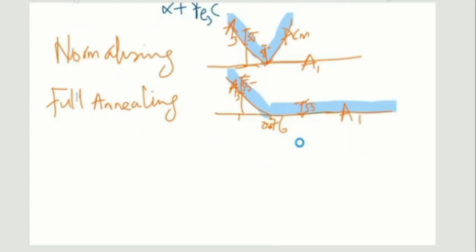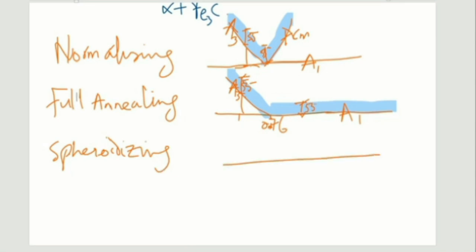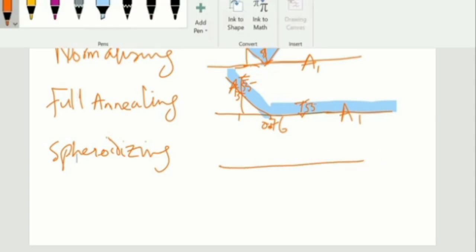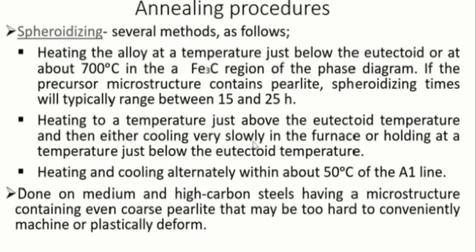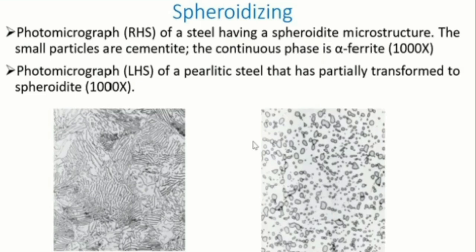And then lastly, we look at spherodizing. Here is heating within the A1 line. So either you heat above it, as can be seen here, heat below it, or at 700 degrees.